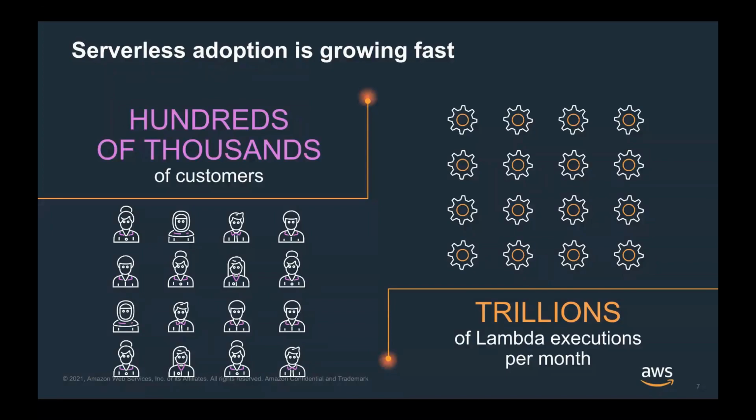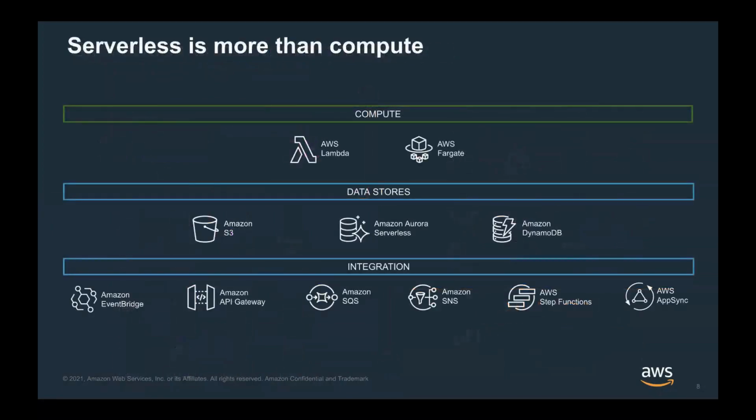And if we go into the next slide, we talk about serverless in itself. Most people, when they think about serverless, think of it as just a compute layer. Well, that is partially correct, but it's actually a lot more.